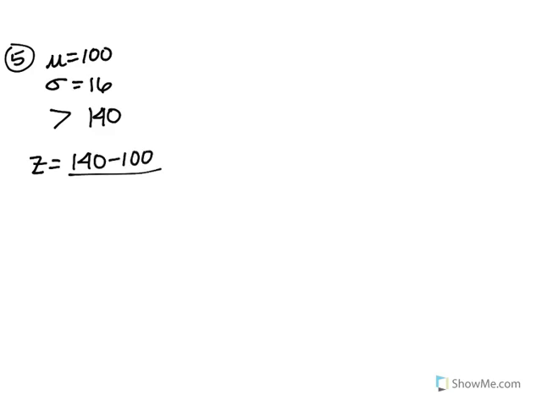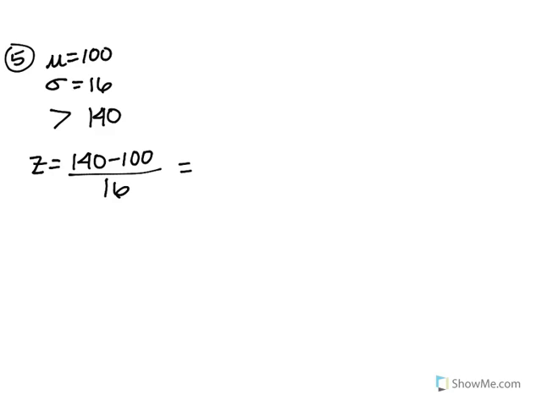Number 5. We're using that same mean of 100, standard deviation of 16. This time we want to know IQs that are greater than 140. So we're going to convert 140 to a z.